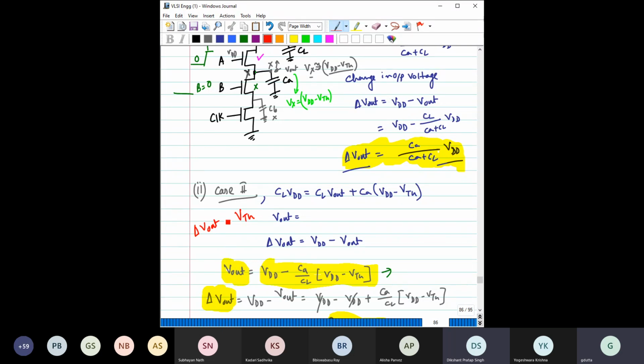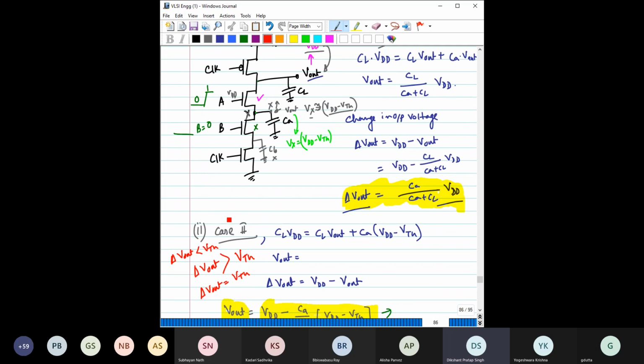Means how is it related? Is delta V out greater than or equal to VTH, or is delta V out less than VTH for case 2? Can you just think for a minute and then answer this question?